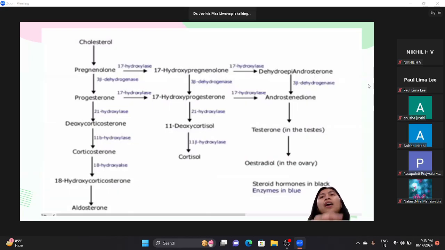So this is an example of the biochemistry of how testosterone is developed, from androstenedione under the progesterone level.